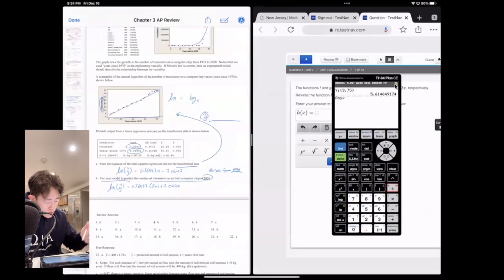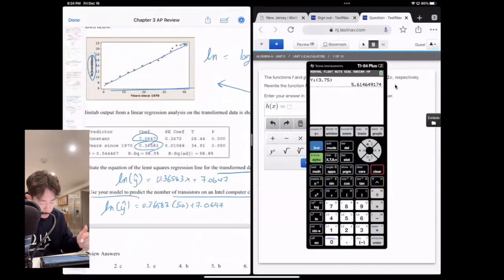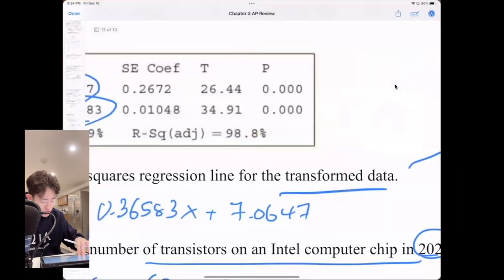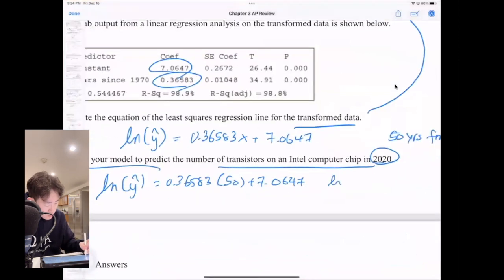Going to my calculator, I'm just going to type this all in: 0.36583 times 50 plus 7.0647. And then you get 25.3562. I think that's the answer they also have, which is ln of y hat is equal to 25 point.